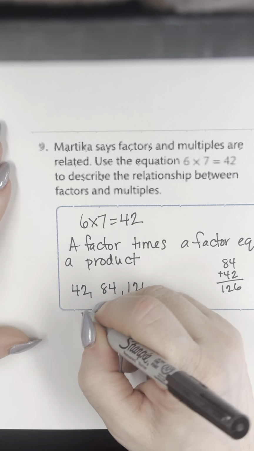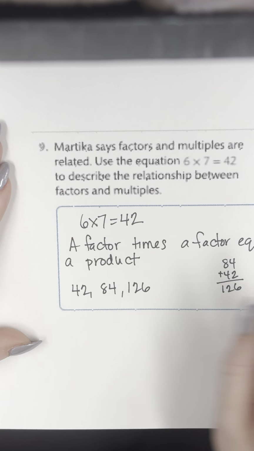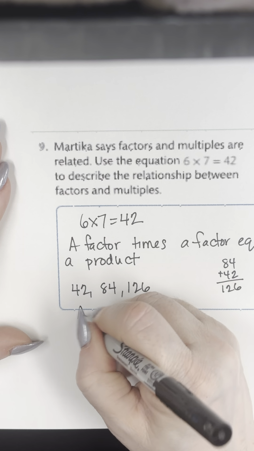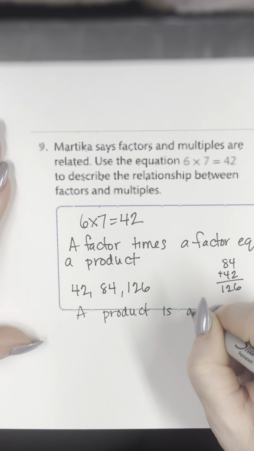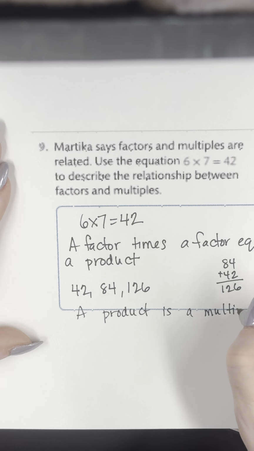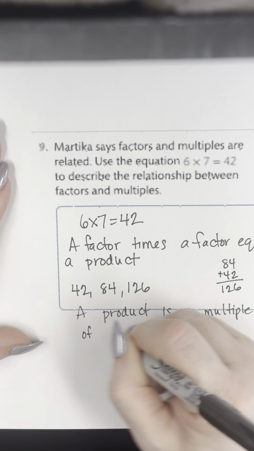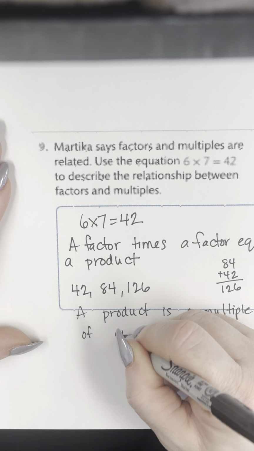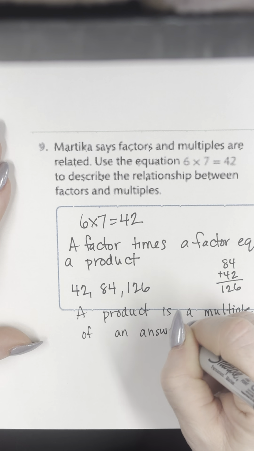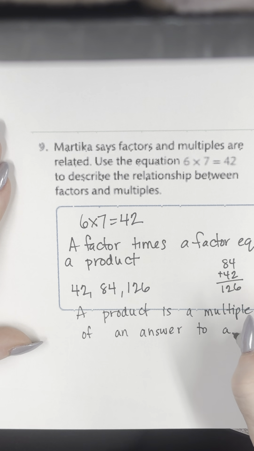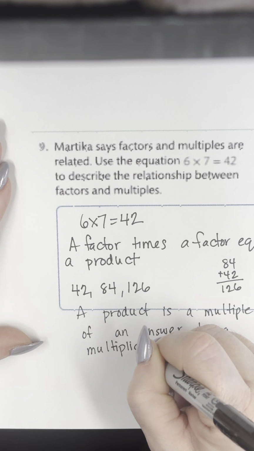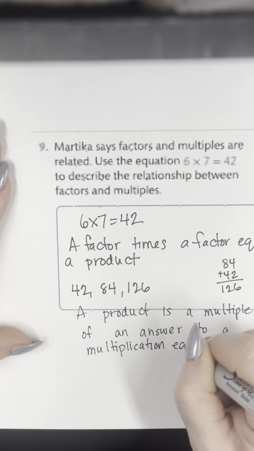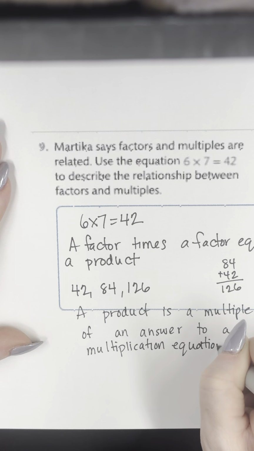So you can say a factor times a factor equals a product, and a product is a multiple of an answer to a multiplication equation.